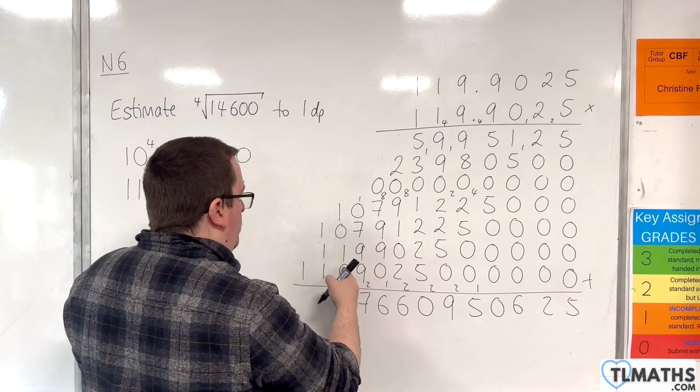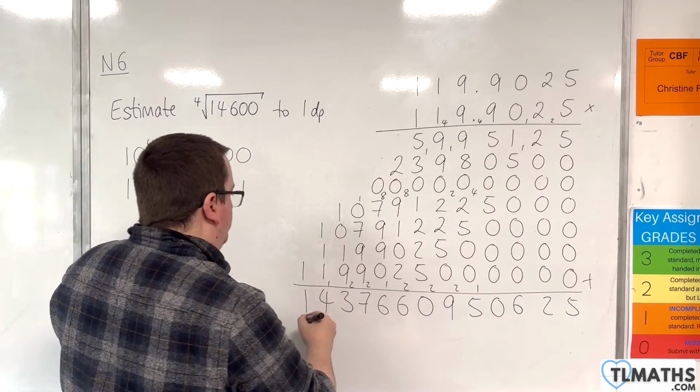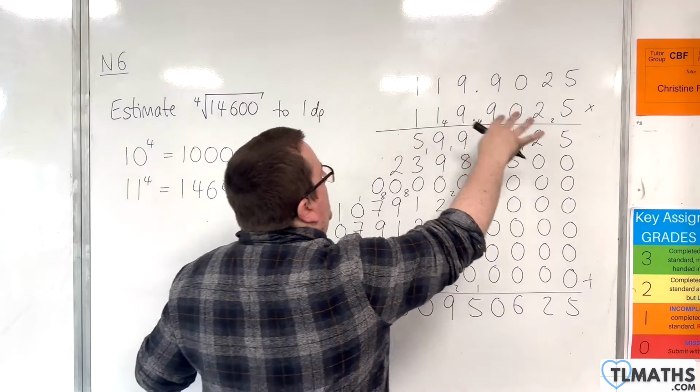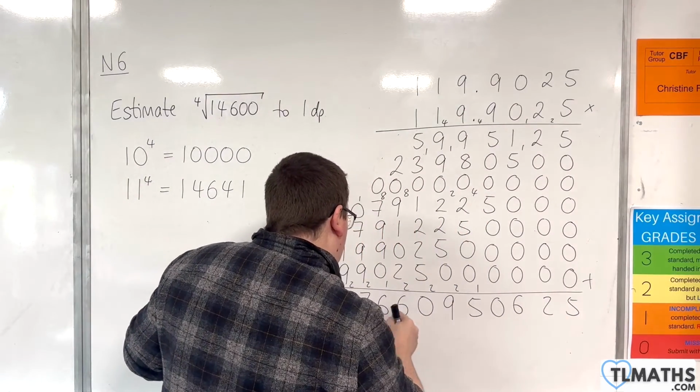We've got 2, 4, 13, 3, 4, and a 1. So we have 8 numbers to the right of the decimal point. So 1, 2, 3, 4, 5, 6, 7, 8.